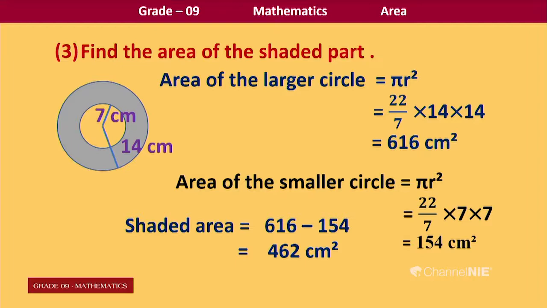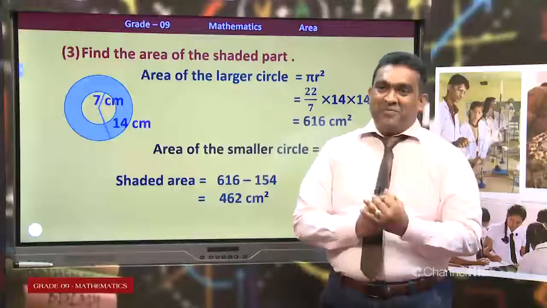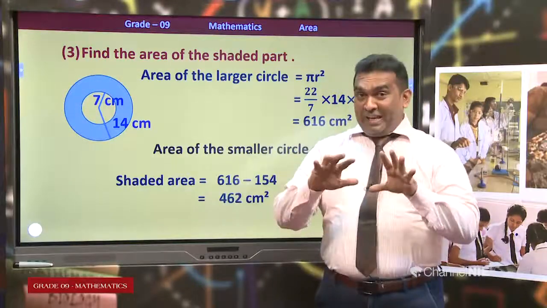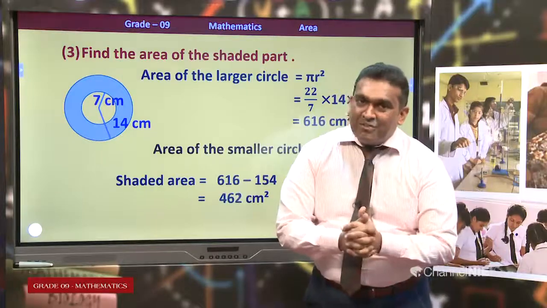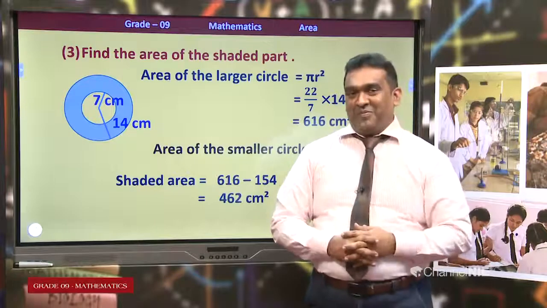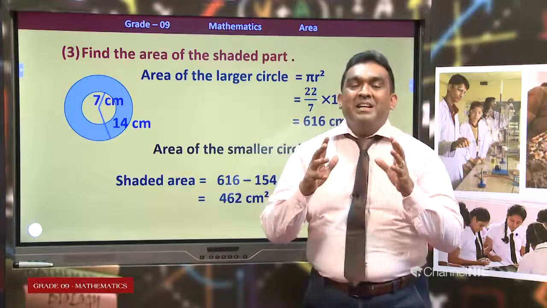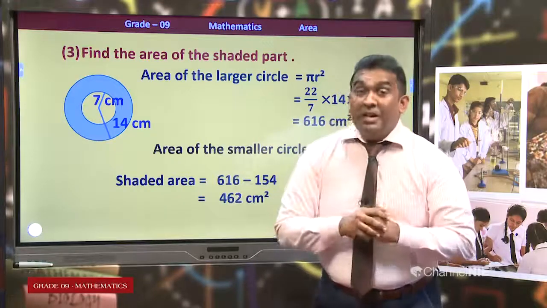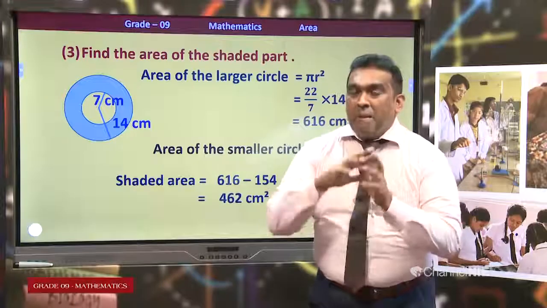Right? Now we completed the lesson area. What is the definition of the area? The space taken by a surface is area. We considered basic plane figures. First one, can you remember what is our first basic plane figure?